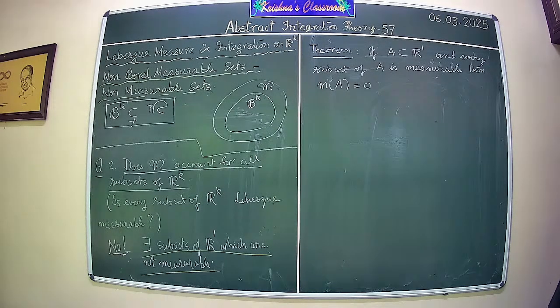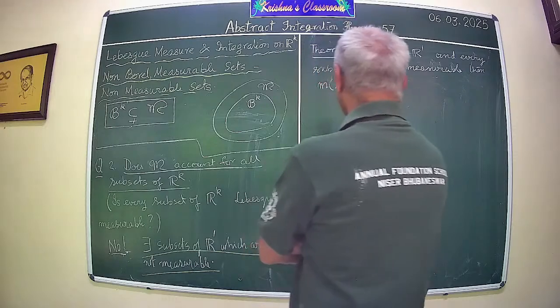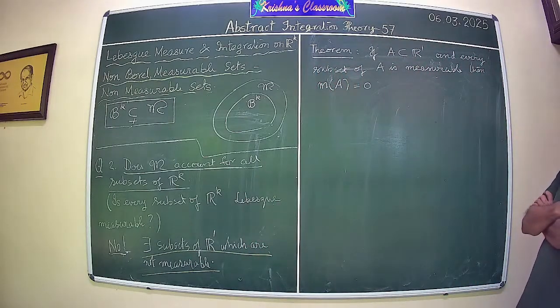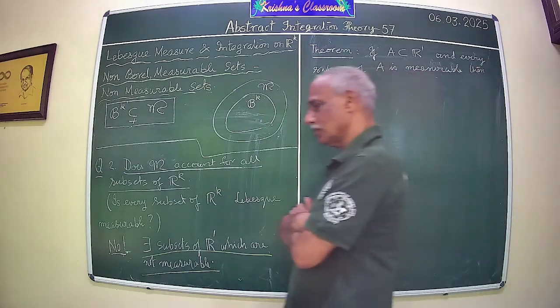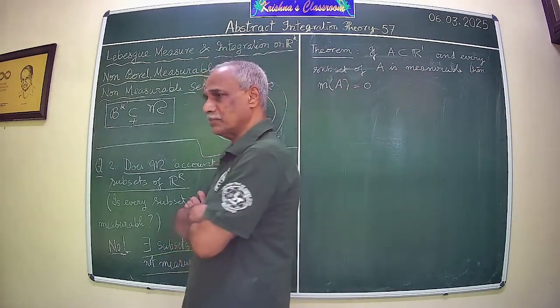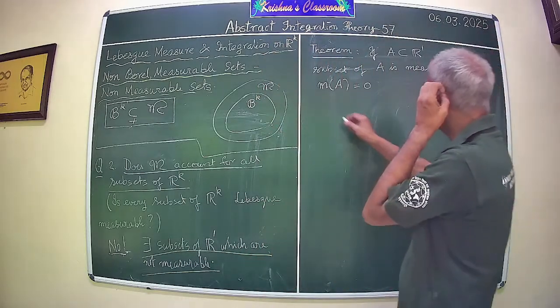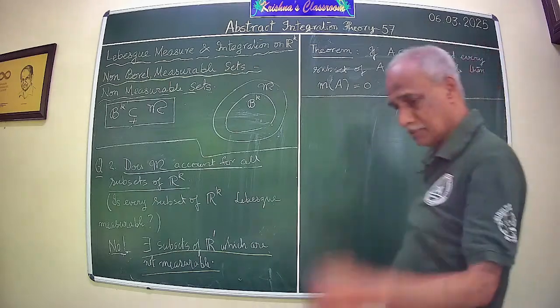So this is not true for every subset of R1, because there are subsets of R1 whose measure is not equal to 0, right? But we have the completeness theorem. It says if measure of A equal to 0, then every subset is measurable. That's a difference. Okay? So we will get a contradiction if we prove this.